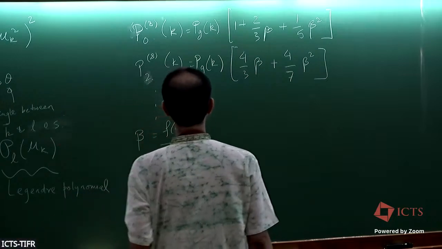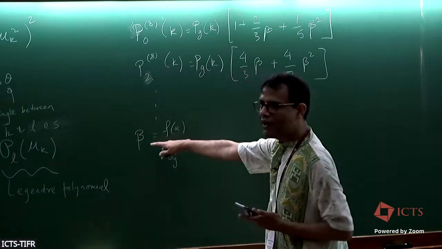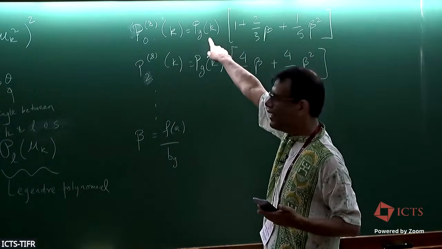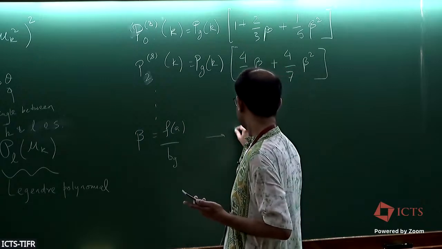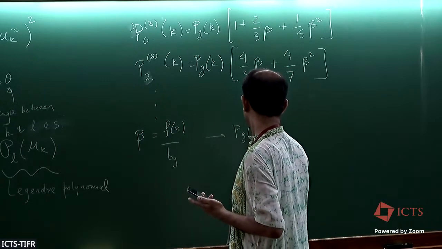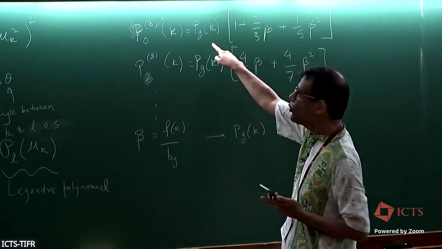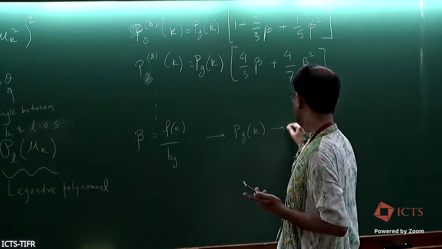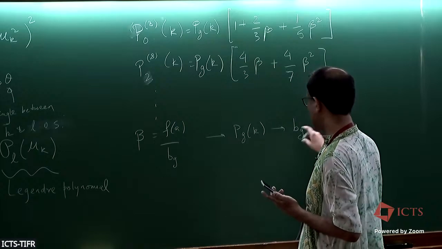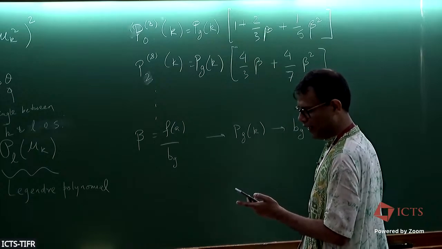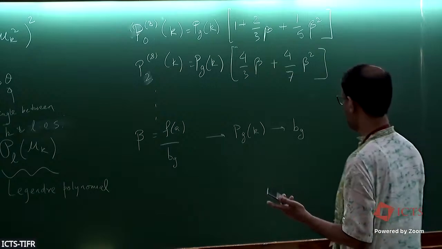But once you have calculated the value of beta, you can put this back and get P galaxy of k. Once you have the true P galaxy of k, that will give you bias. In fact, it will give you bias times some sigma 8. You won't get the full bias.